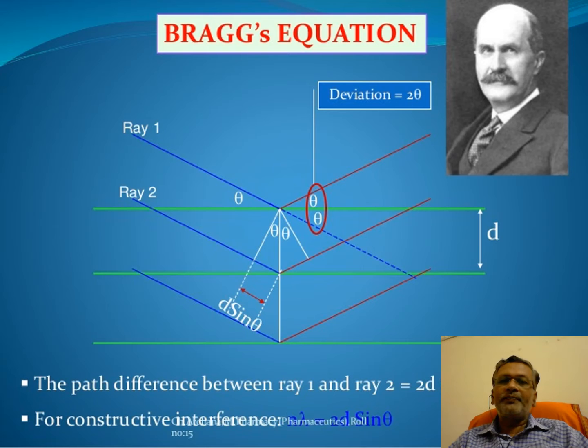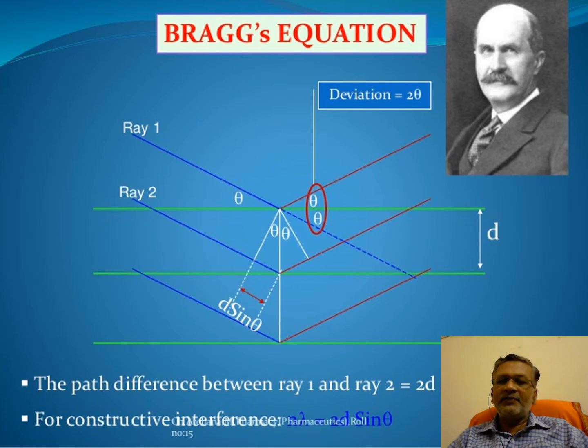Now, Bragg's law, Bragg's equation. See here, whenever X-rays are incident on a crystal lattice, we know X-ray wavelength ranges from 0.7 angstroms to 2 angstroms.